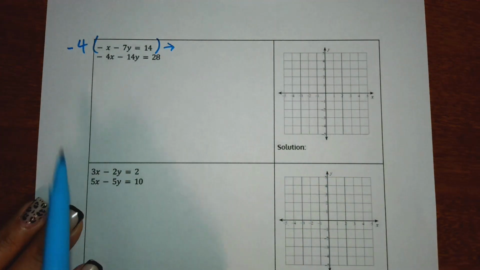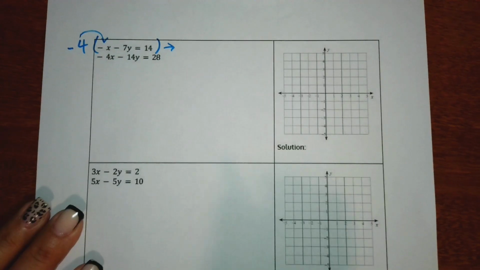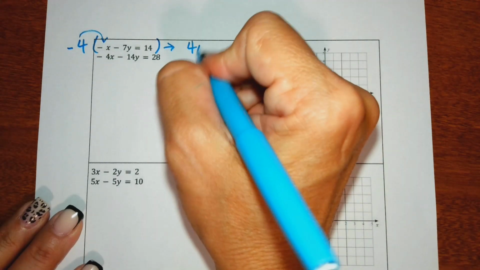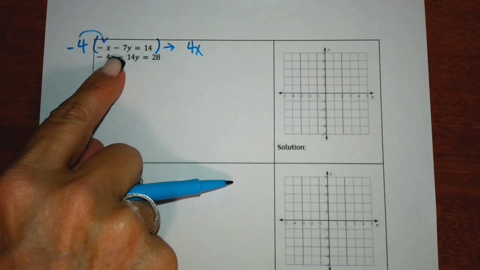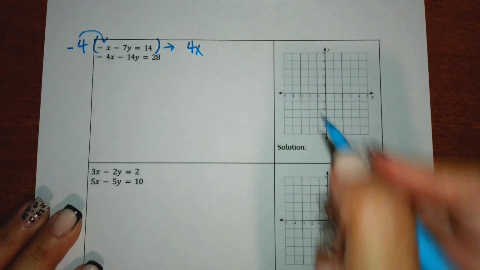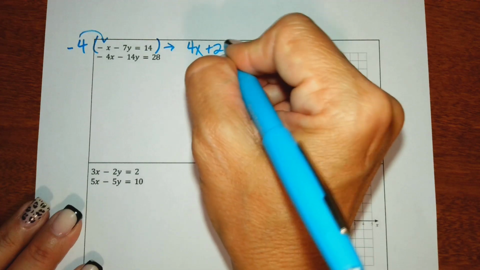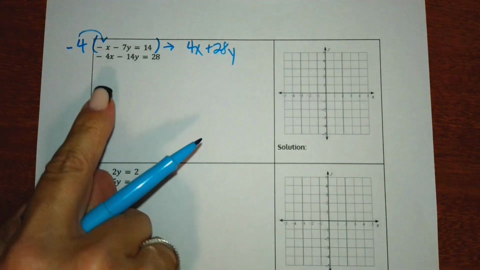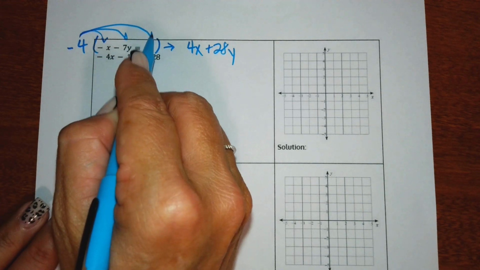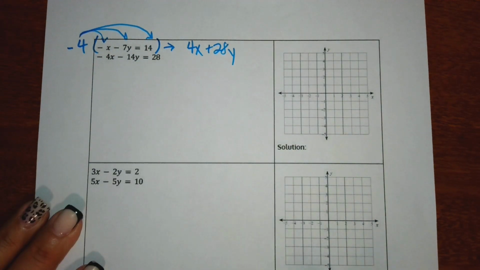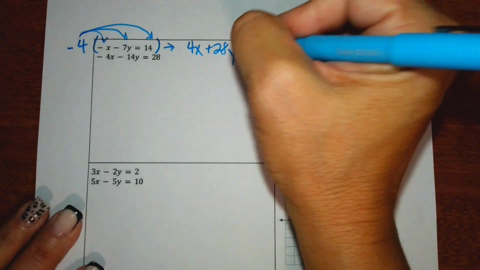So let's distribute this. Negative 4 times negative x is a positive 4x. Negative 4 times negative 7 is a positive 28y. Oh, sorry, that's a y. And then I also am going to jump across this equal sign because I have to multiply everything by negative 4.